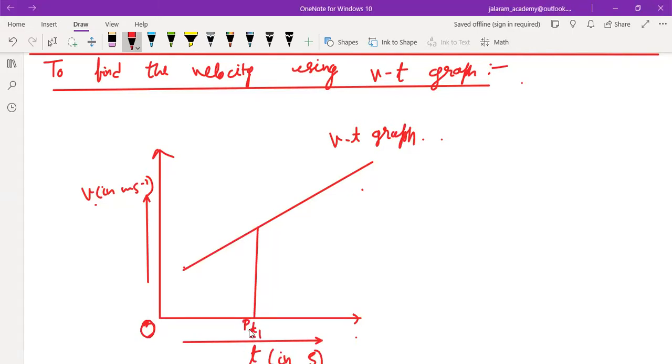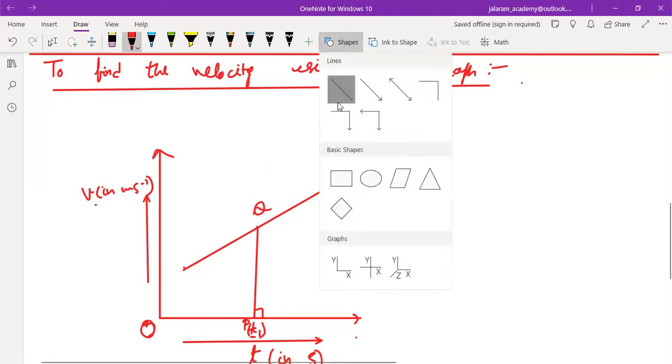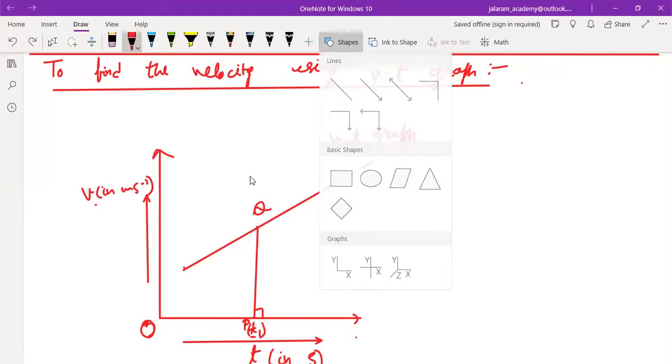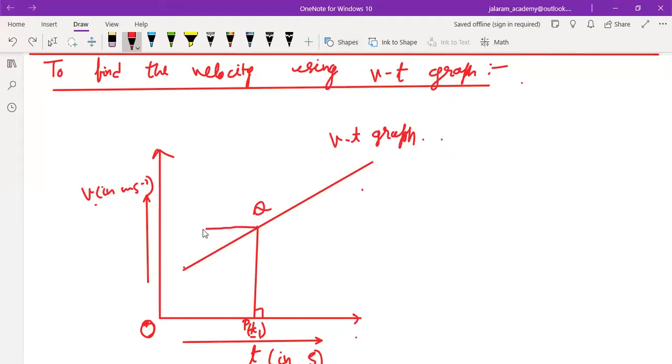For example, if we have to find the velocity at time t1 second, so we draw perpendicular at t1, and from the point where it intersects velocity time graph, a perpendicular is drawn to velocity axis.